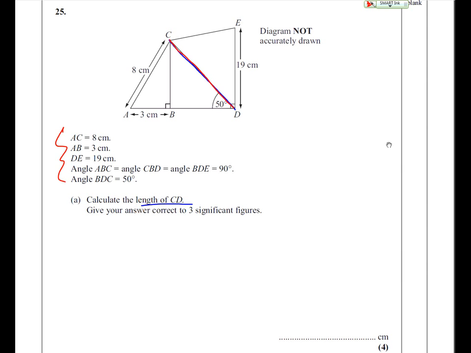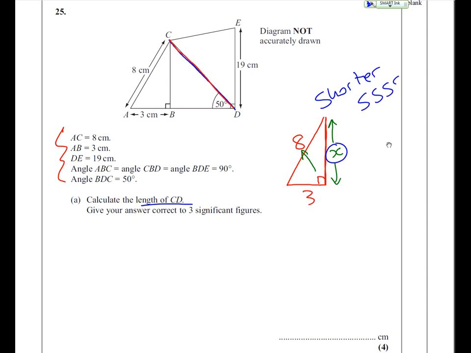Well, the first thing that we know how to find for definite is this length that I've just drawn on. So if we take this triangle to focus on, there's 8 here, 3 here. We can call this length x, and we can find it using Pythagoras. The longer side is 8. You want the shorter side, so you use S, S, S, S. So you square 8, 64.